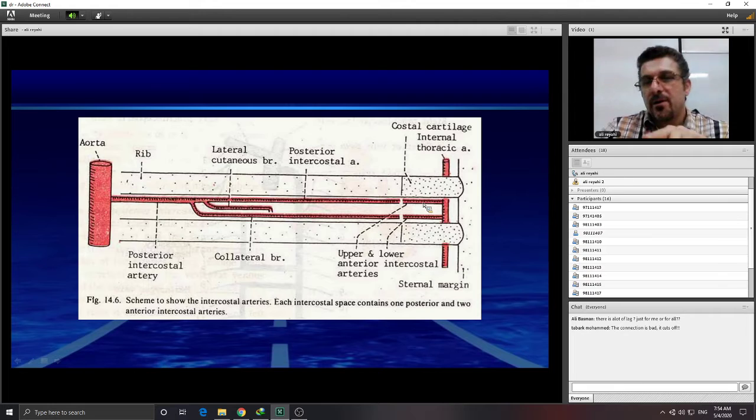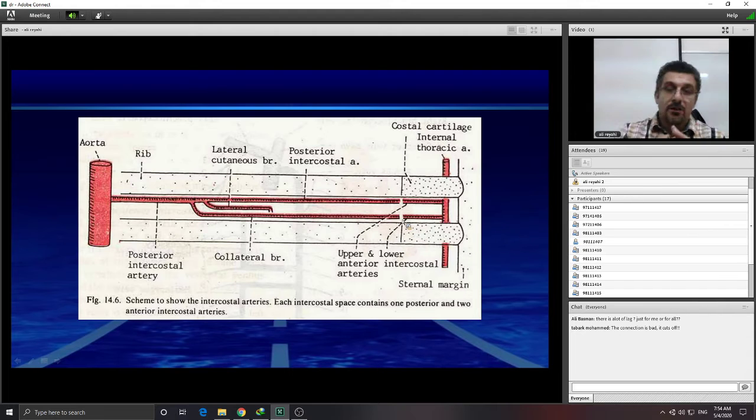This is the superior anterior intercostal artery. There is anastomosis. Another anastomosis is between the inferior anterior intercostal artery and the collateral branch of the posterior intercostal artery at this level.